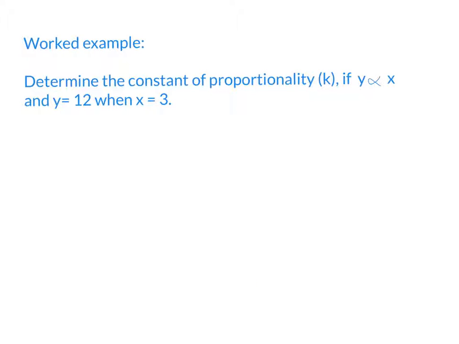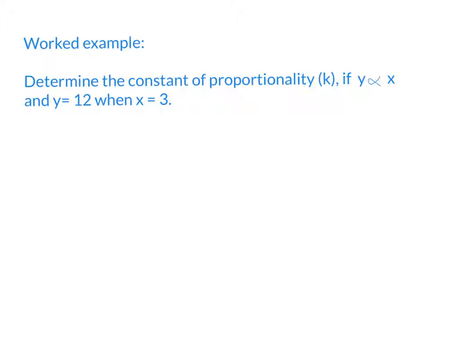Okay, so let's have a look at a worked example. In this question, we're asked to work out the constant of proportionality, k, if y is proportional to x. So we're looking at direct proportion, and we're given some values of x and y.